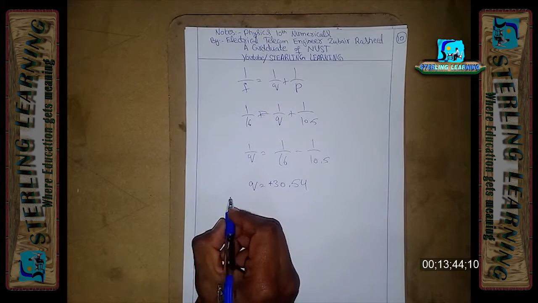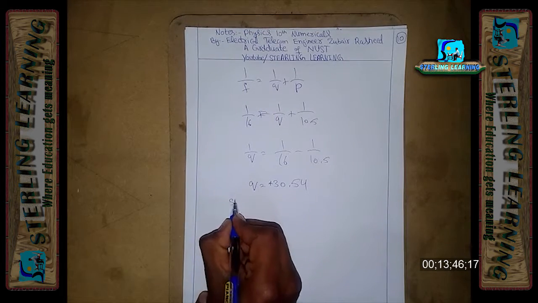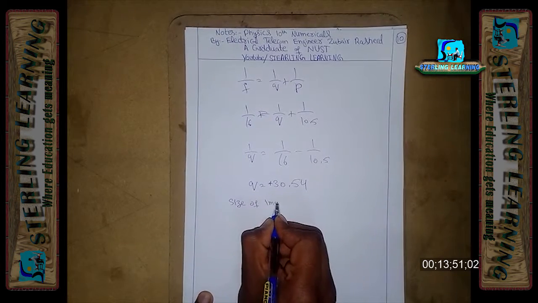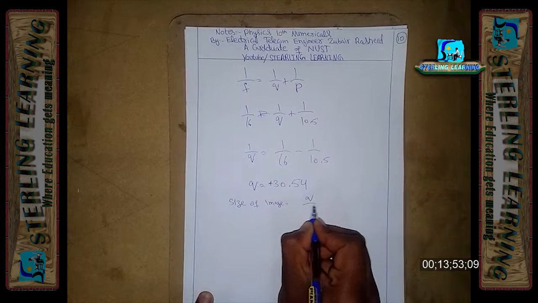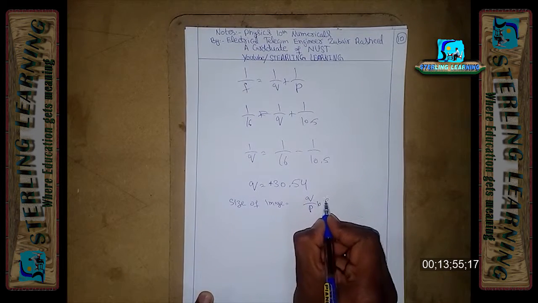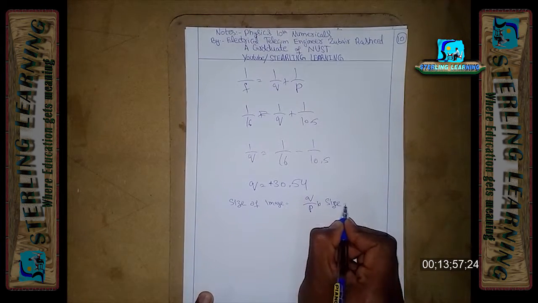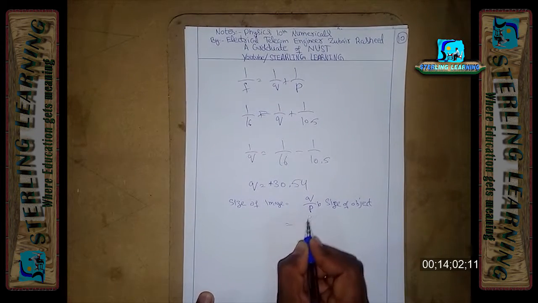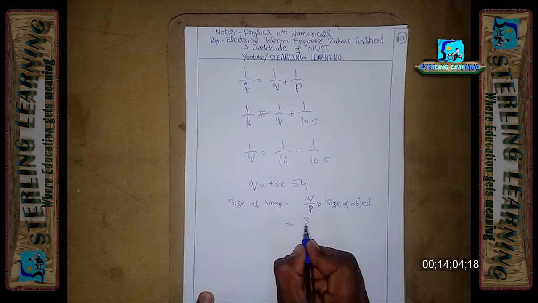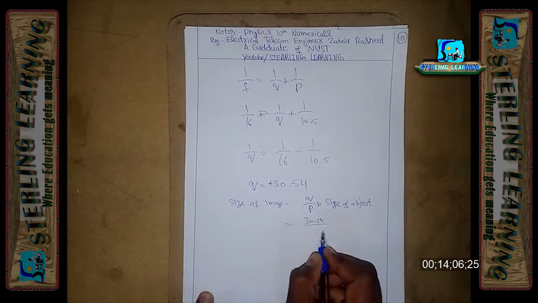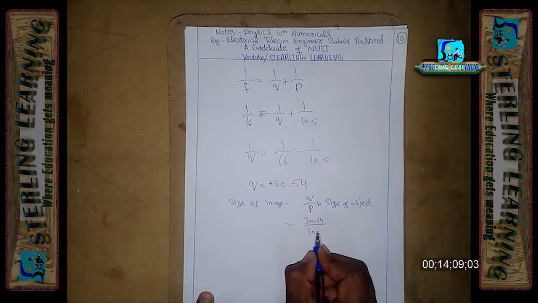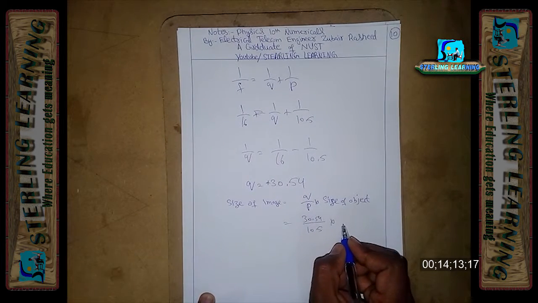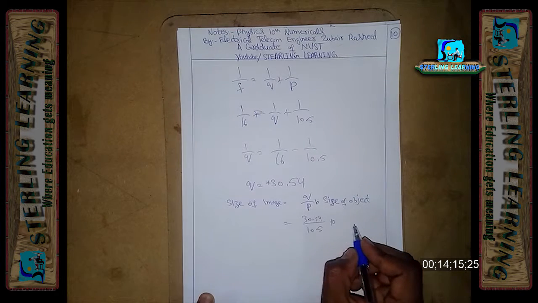Now for the size of the image, we have the formula as given at the start: q over p into size of object. Here the negative sign applies. 30.54 over p, which is 10.5, into size of object, which is 30 centimeters.